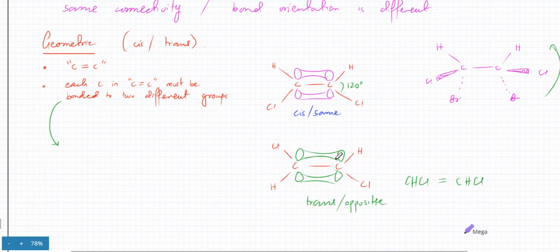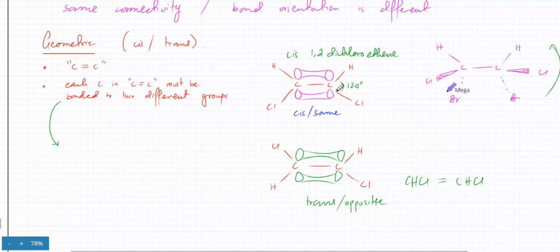If you try to name these two molecules, it's two carbon atoms. It's an alkene. There's a double bond. So it's ethene, and it's dichloroethene. The top one is going to be called cis, and it would be 1,2-dichloroethene.